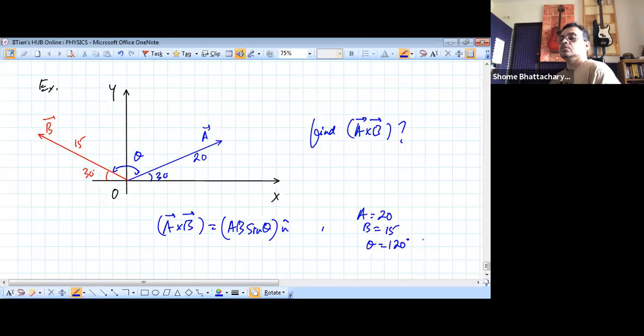Okay. So sine theta. And similarly, what about n cap? Now n cap here will be coming out. So coming out will be k cap because the z axis is coming out of the plane. So understood now why it is coming out, because you place your thumb like this and your right hand fingers like this. Your palm is facing outwards.